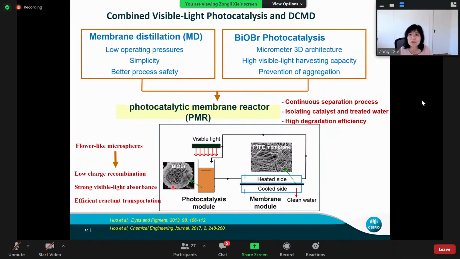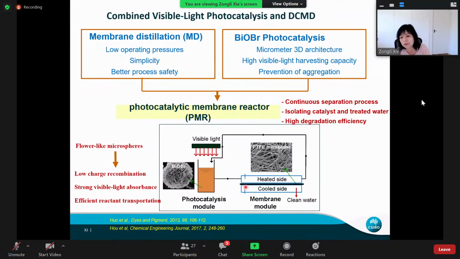In this space, we also look at the integration of membrane distillation with other processes. One of the works we did with Shanghai Normal University looked at how we can combine DCMD with photocatalysis.